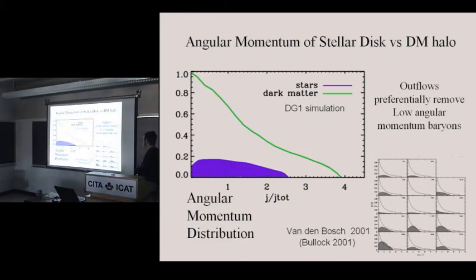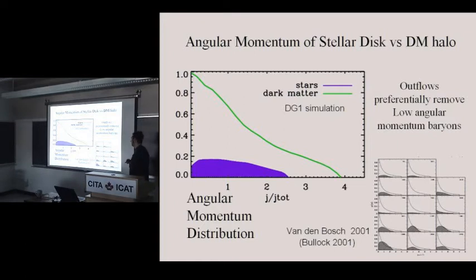And in terms of the distribution of angular momentum in this object, here are some measurements done by Frank van den Bosch of real objects. These curves along the top are what you would infer from the dark matter halos that these objects live in. If you've got that material and just let it sit at the radius set by centrifugal balance, you would expect a curve like the top one here, and the shaded area is what the real baryons do.